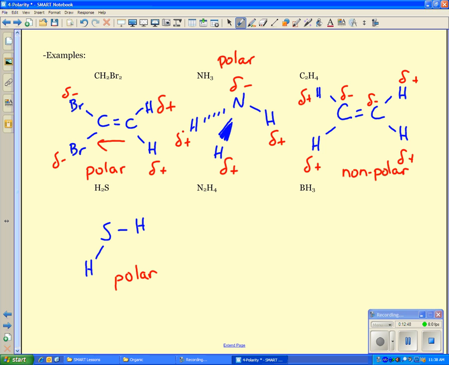N2H4. This one's a little bit tricky to draw, but we want the two nitrogens in the middle around a single bond. Then those hydrogens will stick out from the page and back into the page.